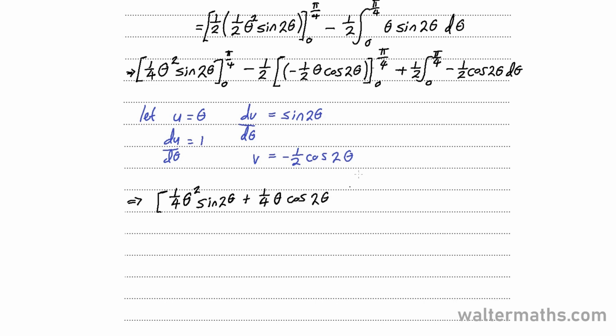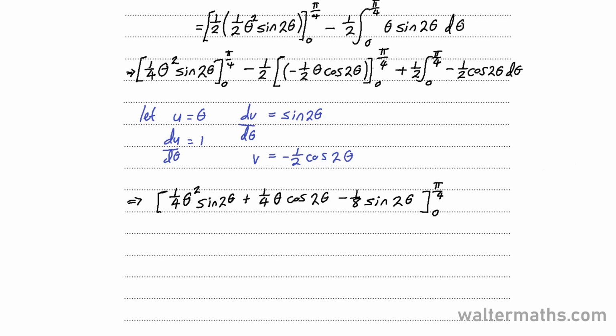And here, half and minus a half gives us a quarter. If we integrate cos 2 theta, we get a half coming out. So we have here minus an eighth of sine 2 theta, for the limits from 0 to pi over 4.